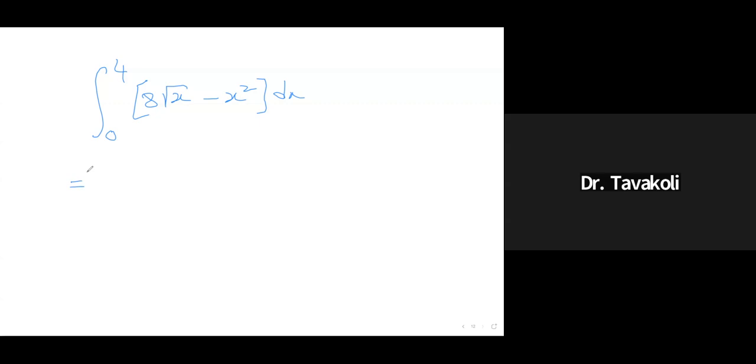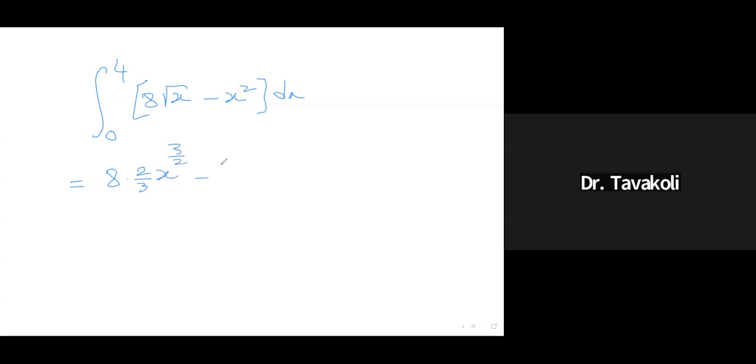So the integral of 8 radical x. We had a reminder about radical x. You have seen also in Calc 1 what the antiderivative of radical x is, as we have had a review about that before. It is 2/3 x to the power of 3/2.